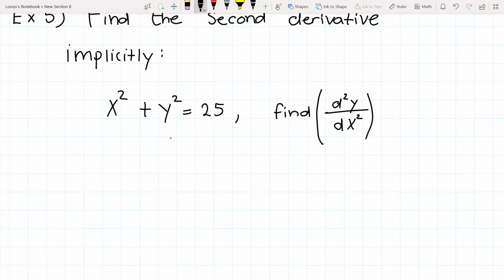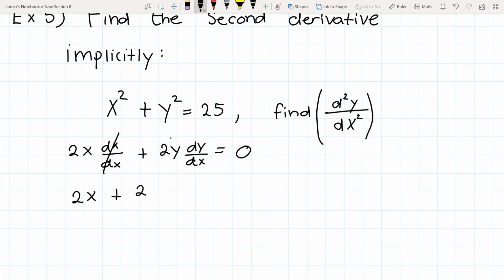The derivative of x squared would be 2x dx over dx. The derivative of y squared with respect to x would be 2y dy over dx. The derivative of a constant is 0. So this cancels, and you're just left with 2x plus 2y dy over dx.